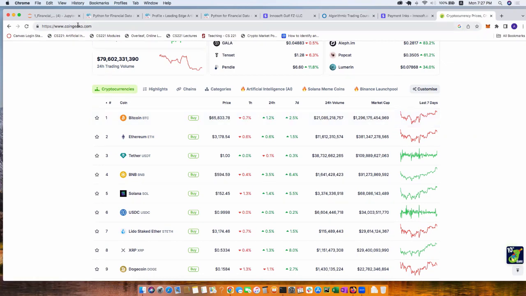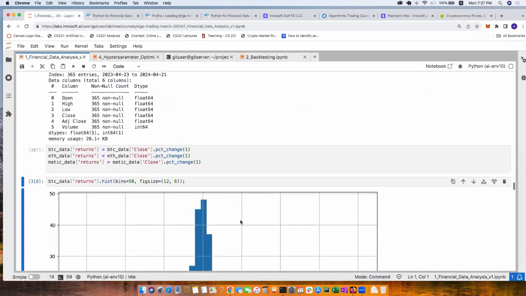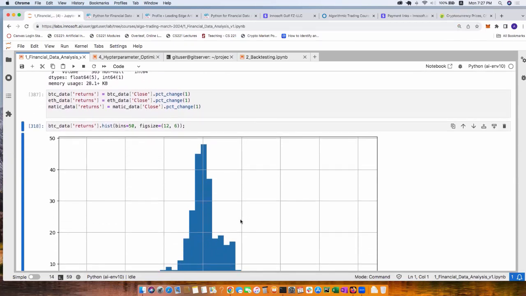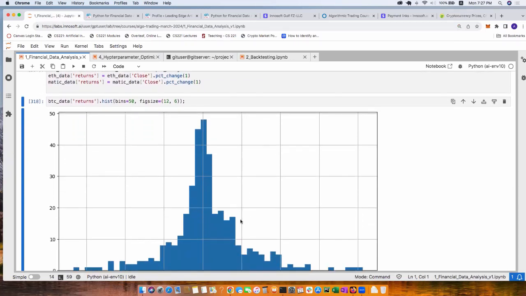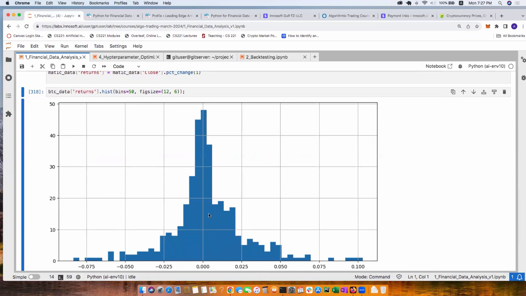Here we are looking at what we call the percentage change. And this is basically a histogram, right? That shows the probability distribution. This is 0%, this is 2.5%, minus 2.5%, this is plus 5%, and so on.